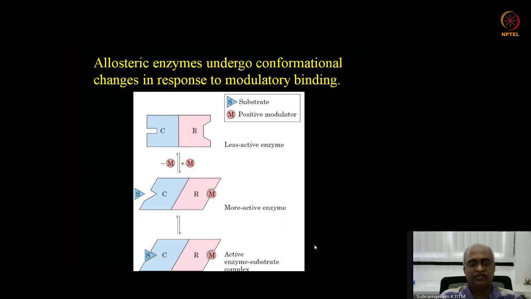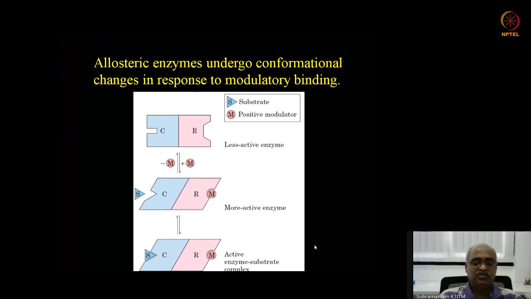Okay, so in hemoglobin you have 4 heme groups, and therefore 4 oxygen molecules can bind. Binding of oxygen to one subunit of this 4-subunit protein induces changes in the conformation such that the remaining subunits more readily bind oxygen, at a higher rate, and that is the allosteric effect.